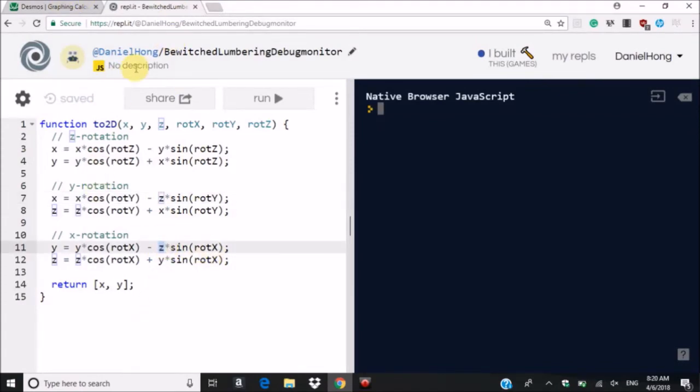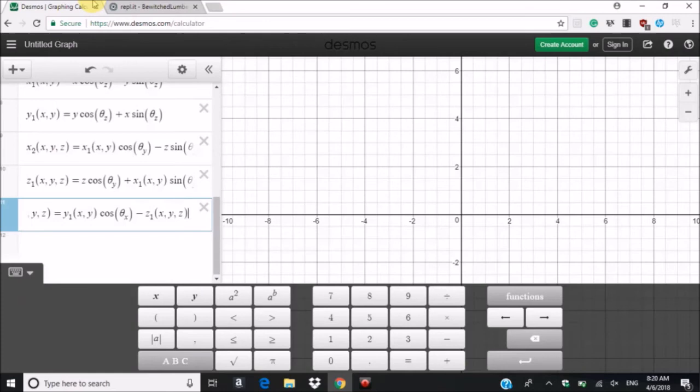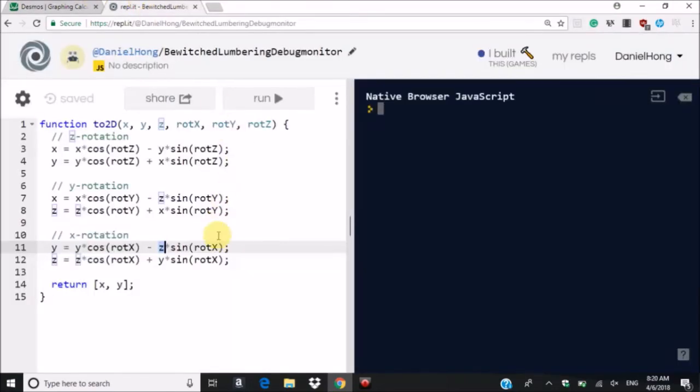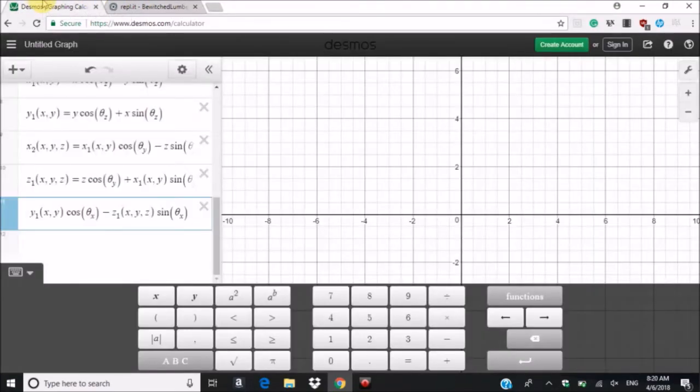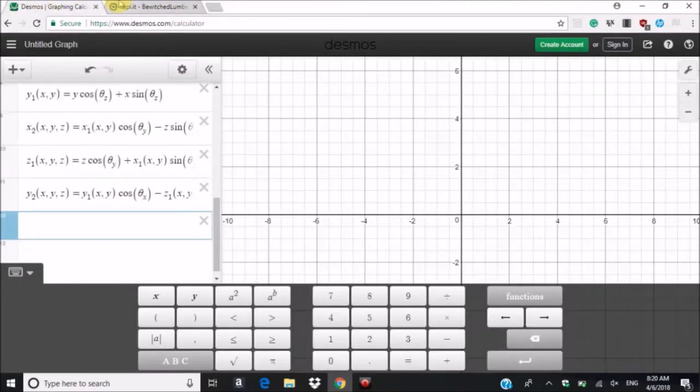Confuse myself here. We're over here. This is going to be z times sine of x rotation. Yep. And then this next line is going to be something similar.